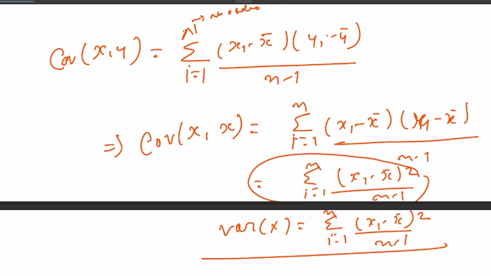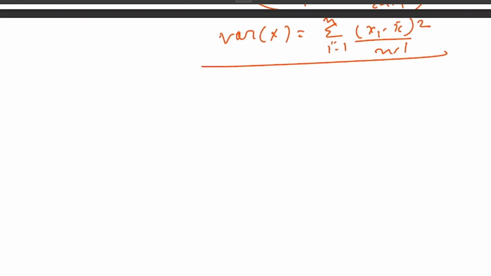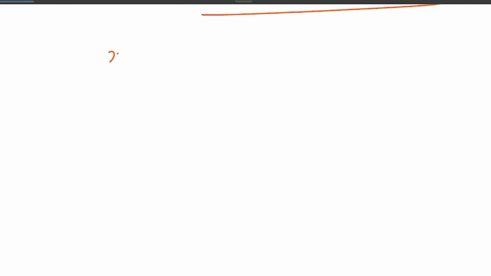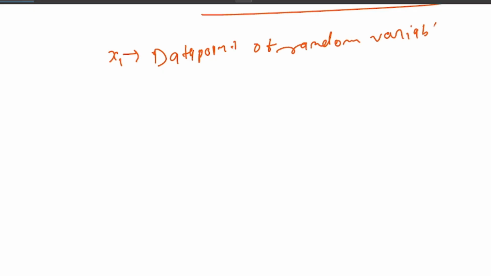Now we can see here what is xi. The xi is a data point of random variable x. Understood? Random variable x. And what is x bar?